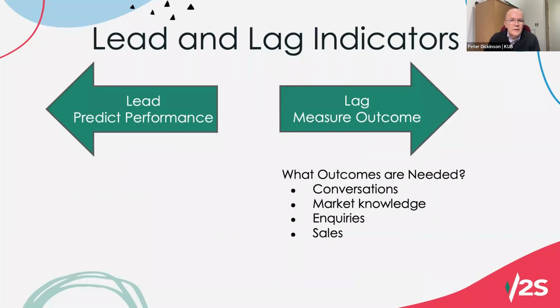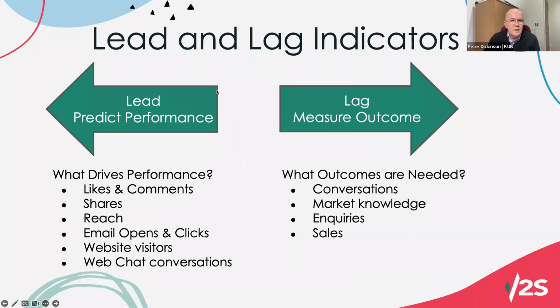So we have lead and lag indicators, and you need both. Your stats need both. The lag indicators are the conversations, the inquiries, the sales, etc. They're some time down the road. When you're in marketing, you might start off with some social media, maybe some email marketing, a website, etc. So it's all these things.